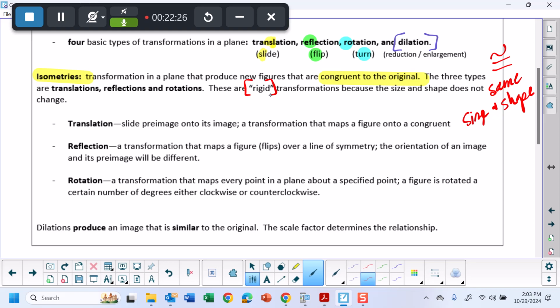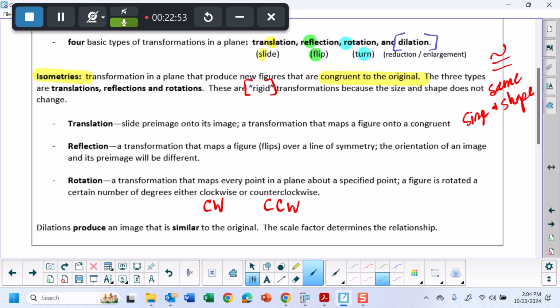For a translation, we slide the pre-image onto its image. For a reflection, we flip over a line of symmetry. For a rotation, we rotate around a specific point, and we include the degrees and whether it's clockwise or counterclockwise.